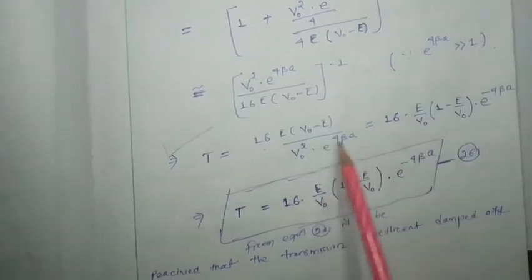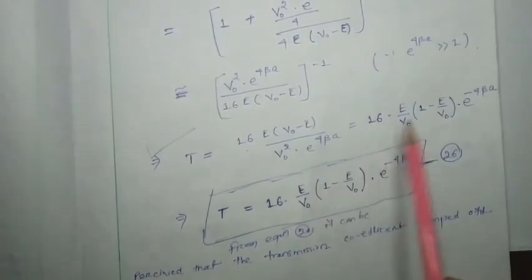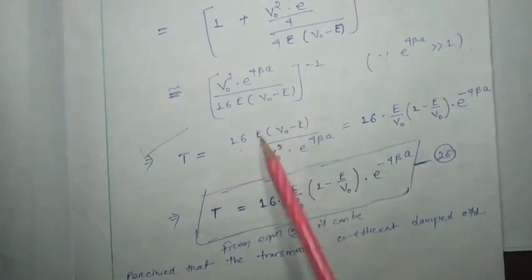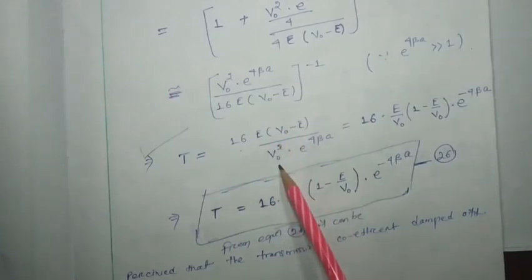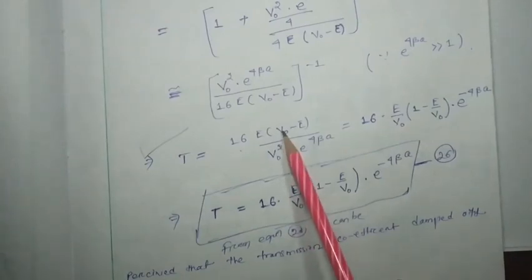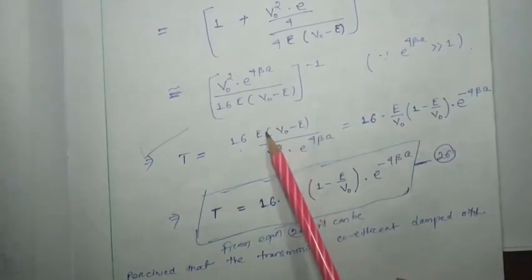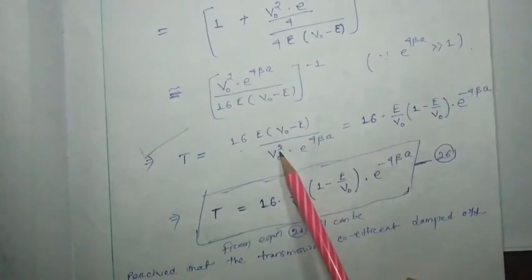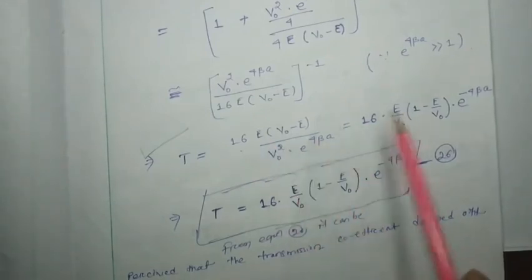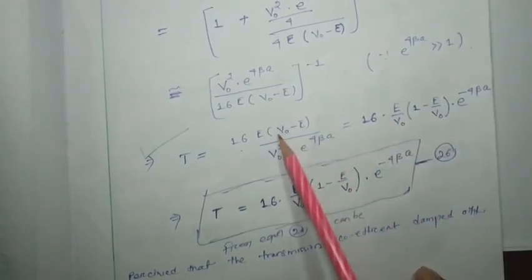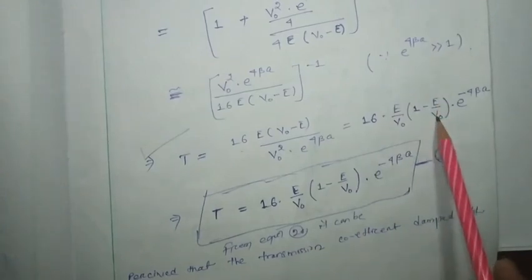Okay, so systematically I can write 16 E by V0 squared. Here you can see, if you take V0 common, one V0 gets cancelled, so E by V0, and in the bracket you can find 1 minus E by V0.